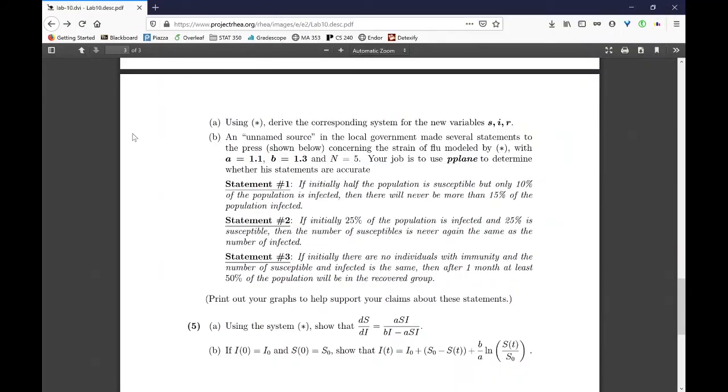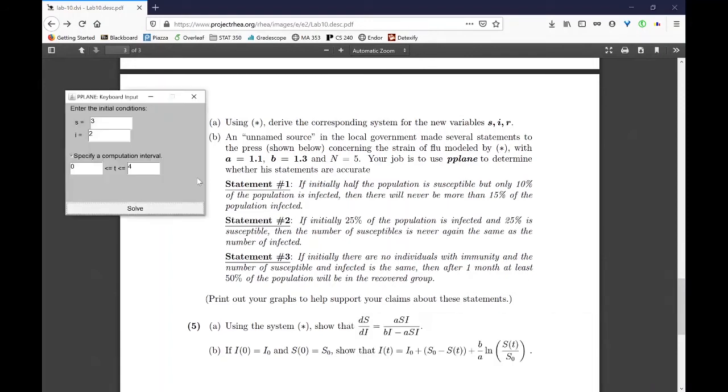If initially half the population is susceptible, but only 10% of the population is infected, then there will never be more than 15% of the population infected. Again, we can just enter these percentages as values.